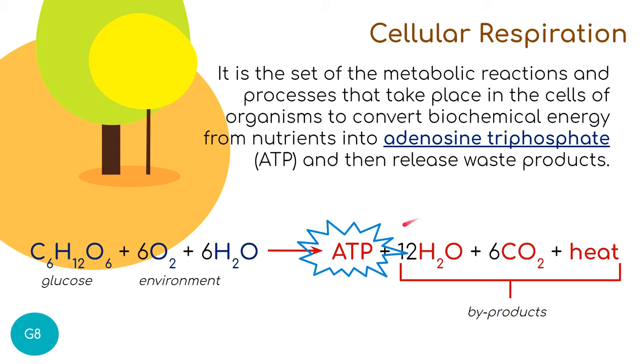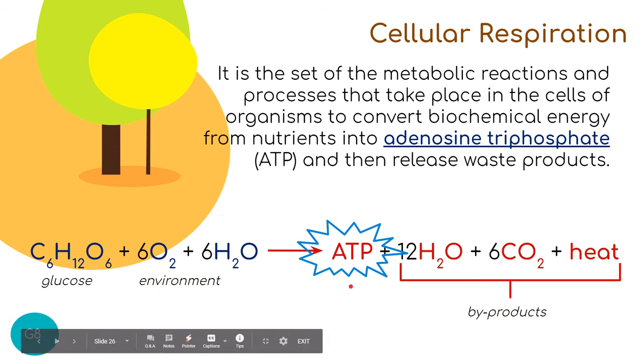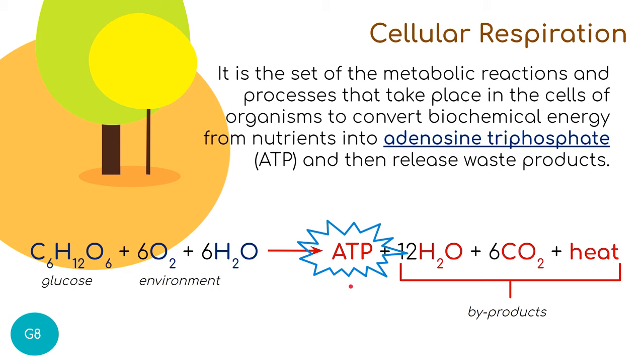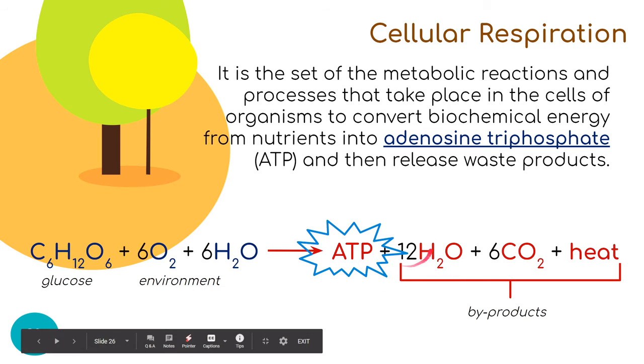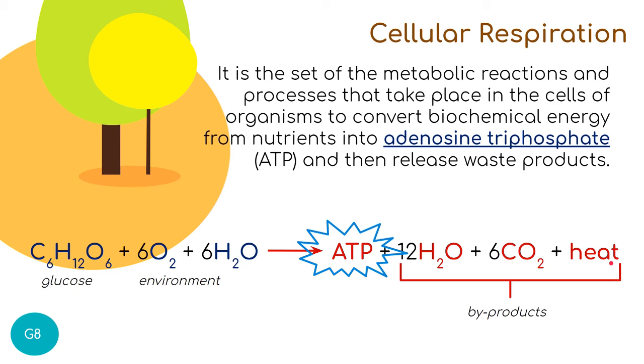Okay? So once the cells have harvested ATP, it produces byproducts or wastes. And those are 12 water molecules, 6 carbon dioxide molecules, and heat. Heat. Okay? Heat, and these are all the byproducts.